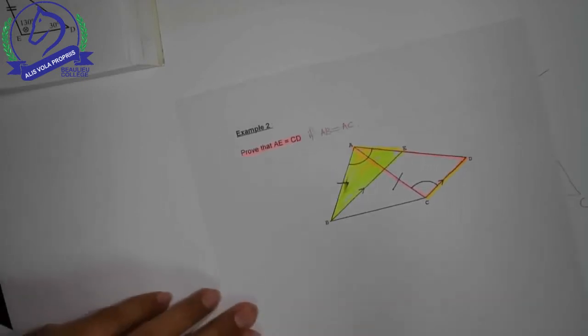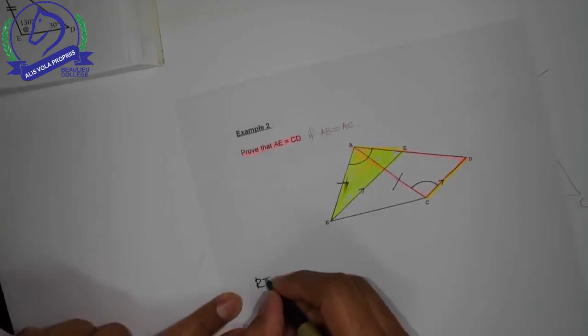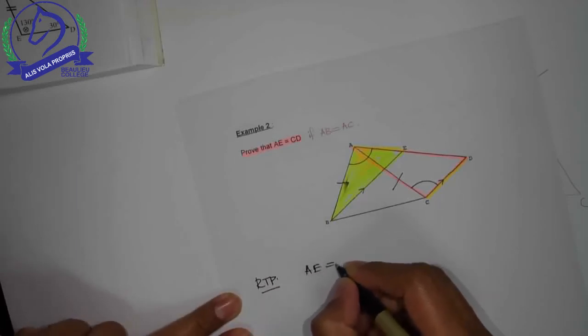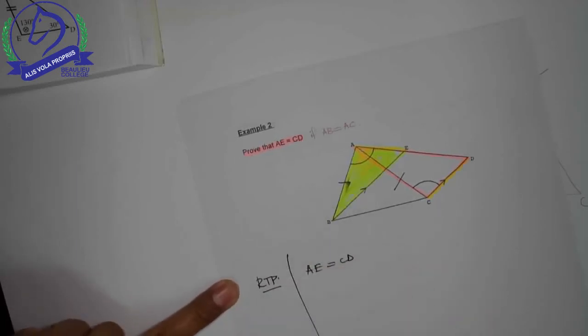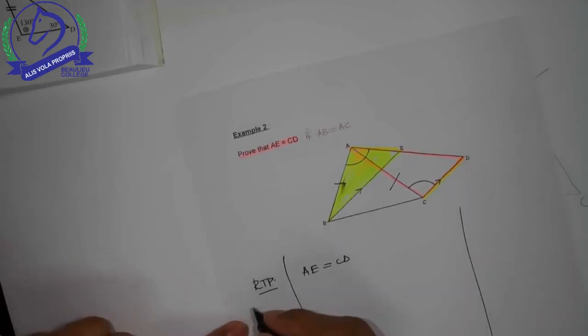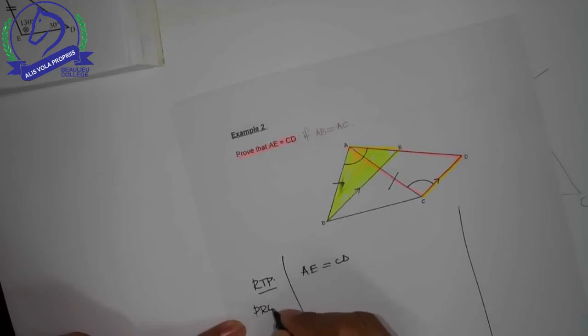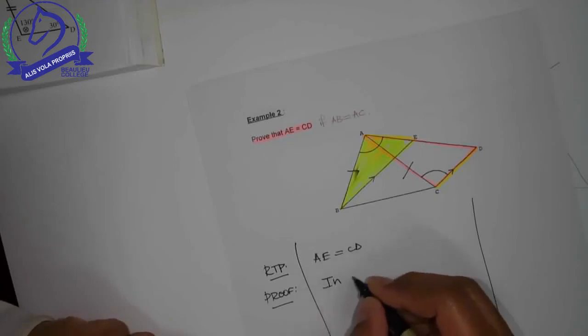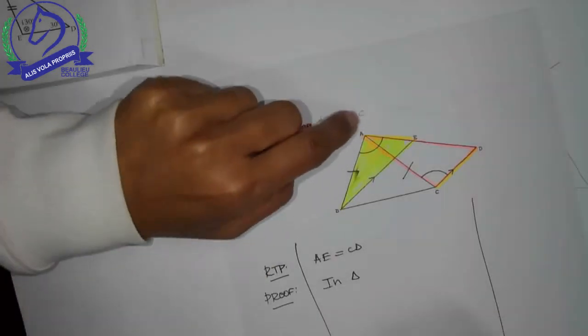Okay, so select the correct triangles. It's important. So RTP, what are you required to prove? You are required to prove that AE is equal to CD. Okay. Proof. How do you prove it? You prove it by proving congruency. Now that we are aware of which triangles we're going to use, let's name them.